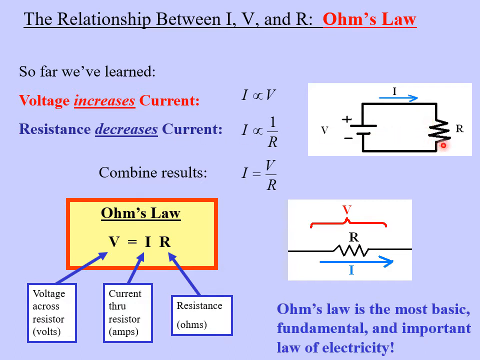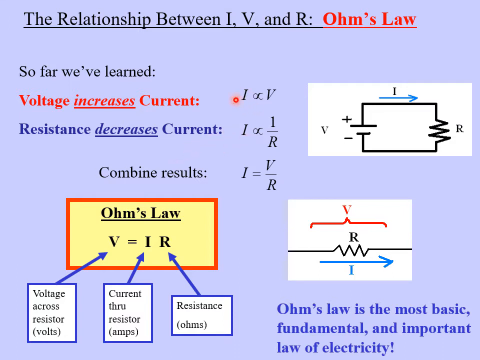Remember that the resistance is resistance to the flow of current. So the higher the resistance is, the less current we have. So the current is actually inversely proportional to resistance. If R is made bigger, then 1 over R is smaller, so that's proportional to the current here.